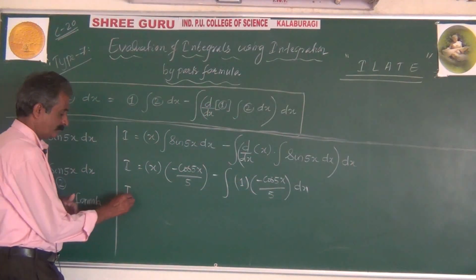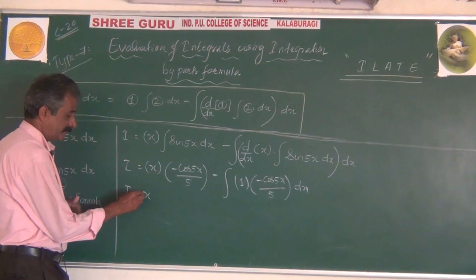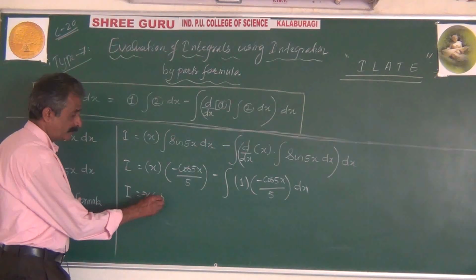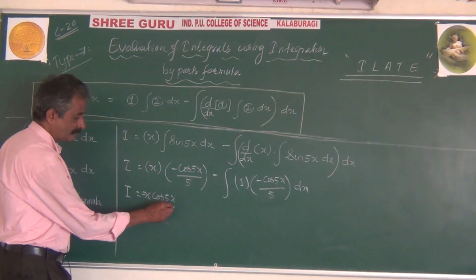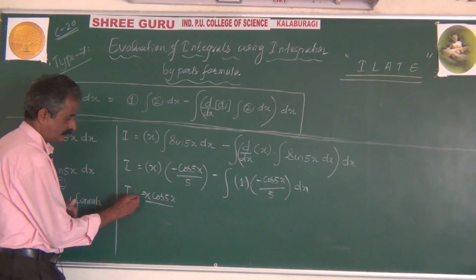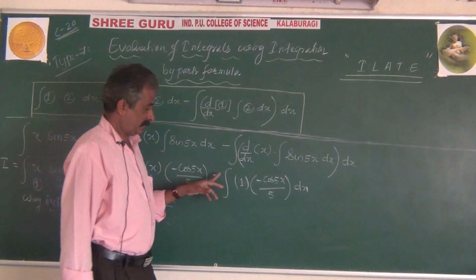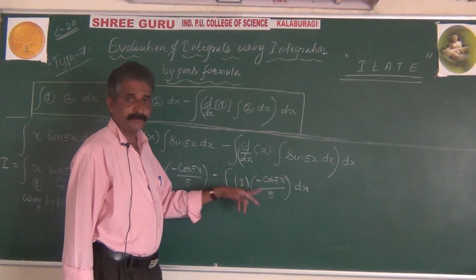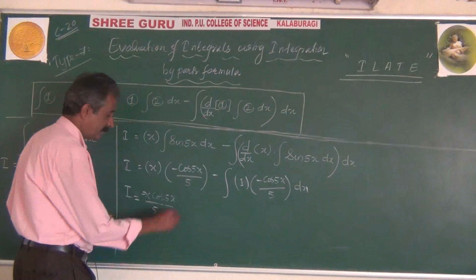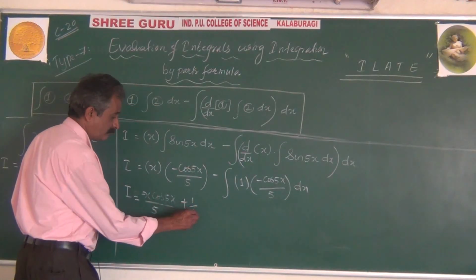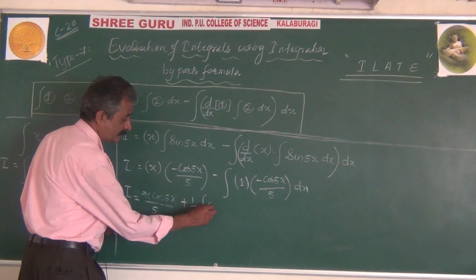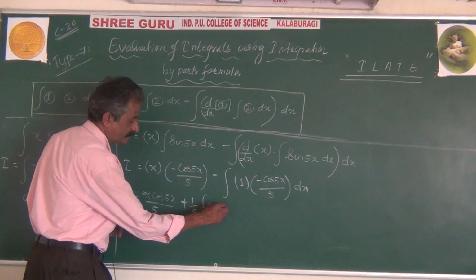I equals to minus x into cos 5x by 5. Here minus into minus is plus, and 1 by 5 can be kept out of the integration. 1 by 5 into integration of cos 5x.